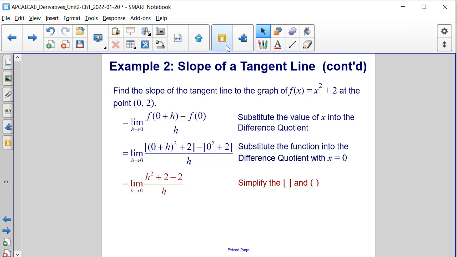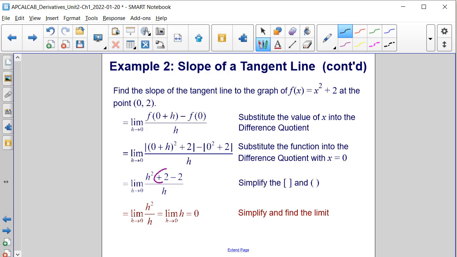The next step is to simplify what's in the brackets and parentheses. So 0 plus h squared is just h squared. We still have the plus 2, and then we have 0 squared, which is 0, plus 2, which is 2. And we're subtracting this value of 2 here. And we're taking the limit of h squared plus 2 minus 2 divided by h as h approaches 0.